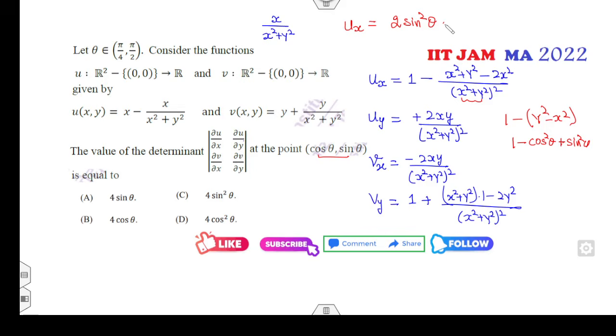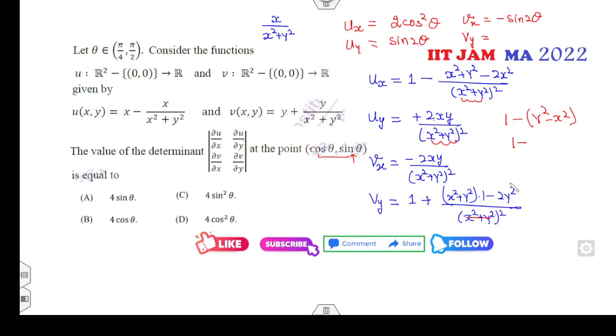Is it okay? u_x will be my twice y. Y is my sine. Sorry, गलत लिख दिया. Y मेरा sine है यहाँ पे. Fine. तो ये cos आ जाएगा. Fine. u_y. Denominator is 1. 2 into sine and cos. It's sine of 2 theta. v_x. It's minus sine 2 theta. v_y.